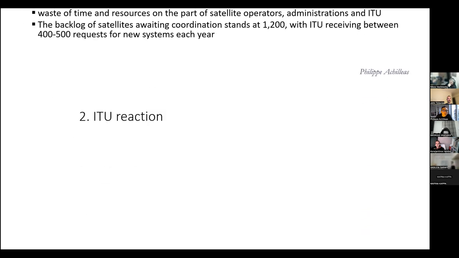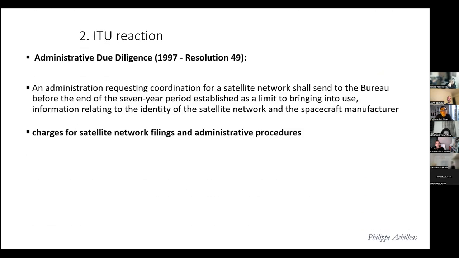So ITU said, okay, now we will change the procedure a little bit. It is requested that administrations send documents to prove the existence of a project in order to register the frequencies at ITU. And they have 7 years from the beginning of the procedure to send information.